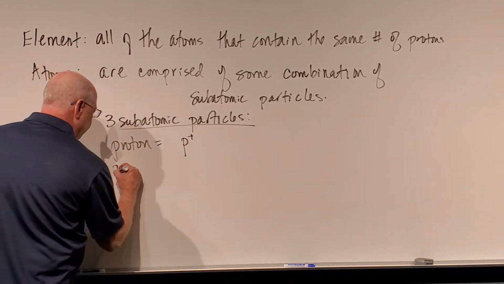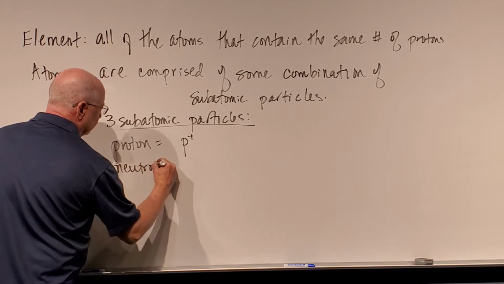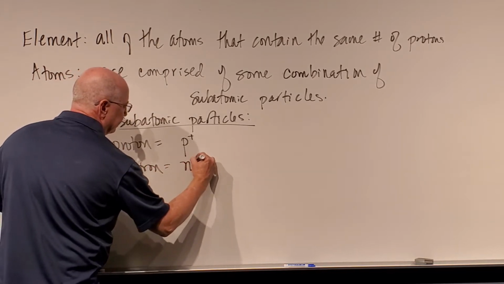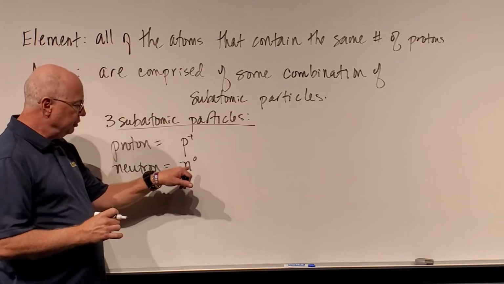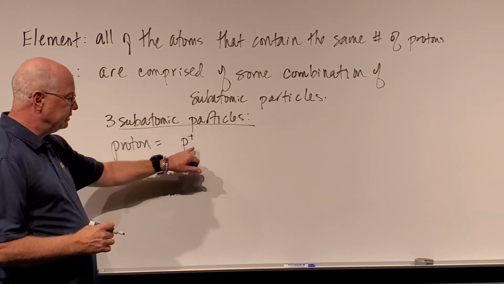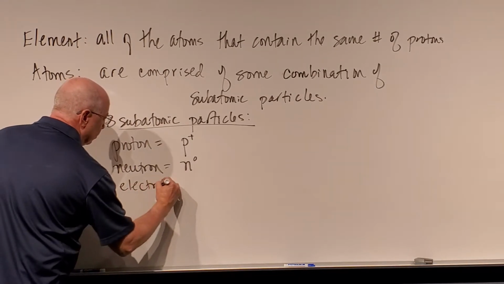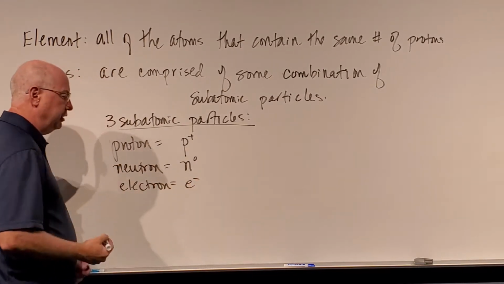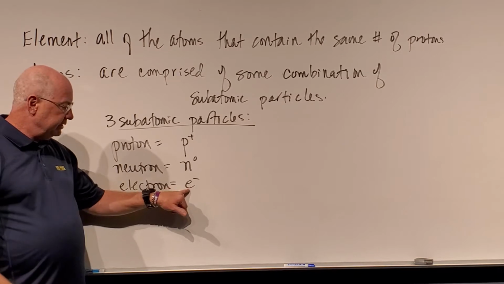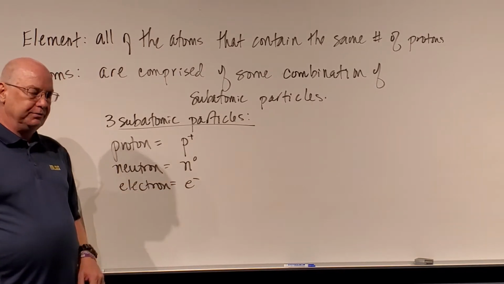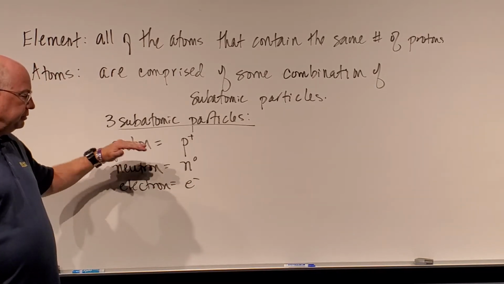And there's another one called a neutron. A neutron is abbreviated as an N with a little 0 as the superscript, which indicates that it does not have a positive charge. It's also lacking a negative charge, which is what they called an electron. And electrons are abbreviated as an E with a little negative superscript. Okay? These are the 3 subatomic particles.